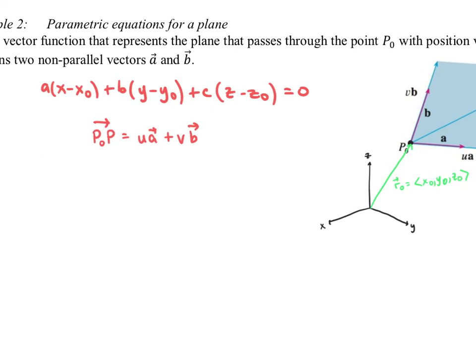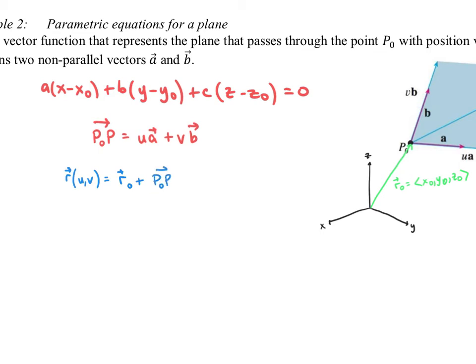So algebraically, here's what's happening. We're setting up a vector equation using u and v as our variables, and we have our initial vector r sub naught. I'll write this two different ways. We have our initial vector r sub naught, and we are going to add the vector p sub naught p.